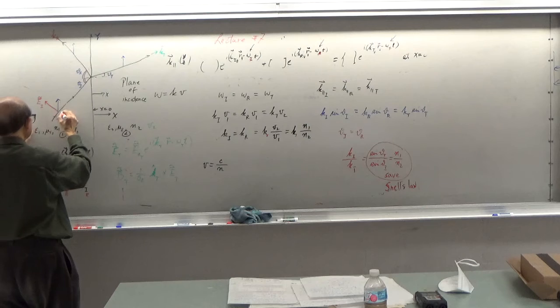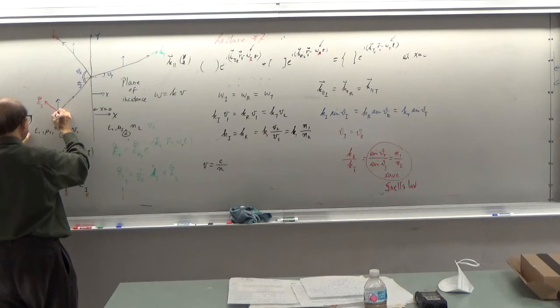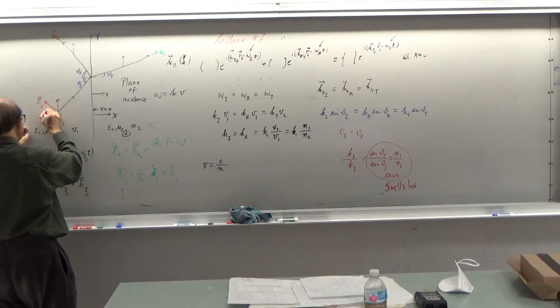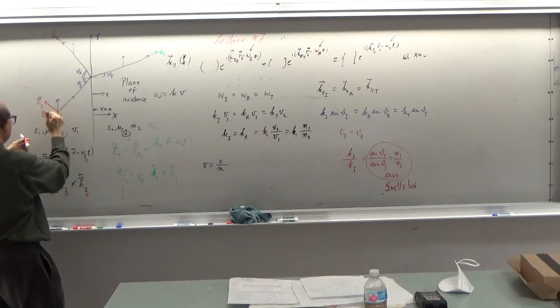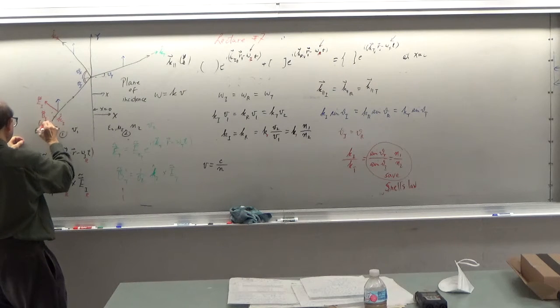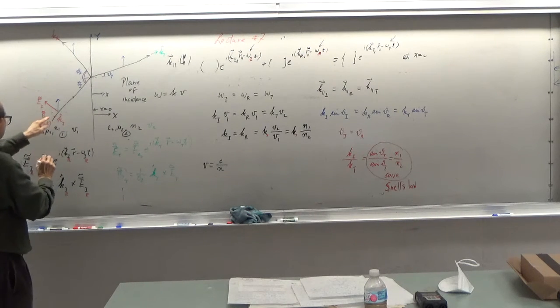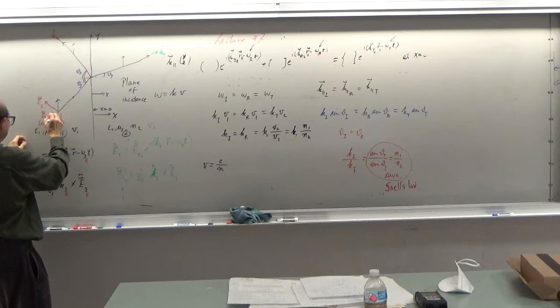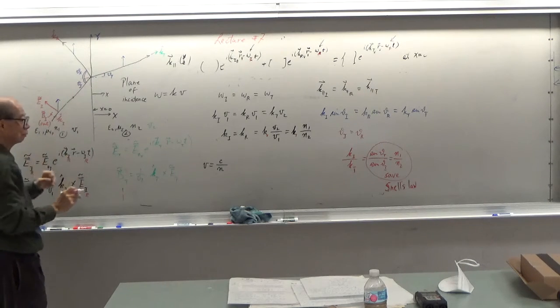So the B field, B I, would be out of the blackboard. This denotes out of the blackboard, perpendicular to both E I and K I.